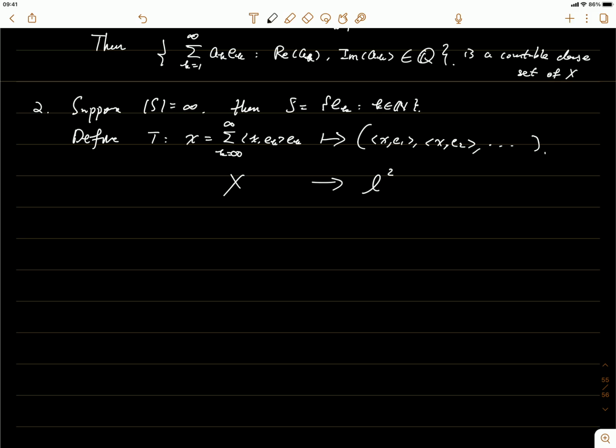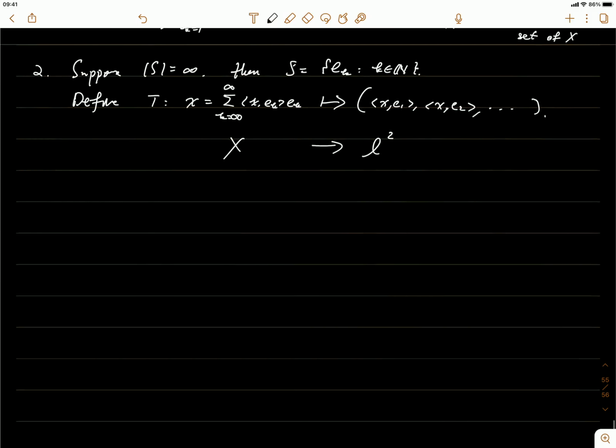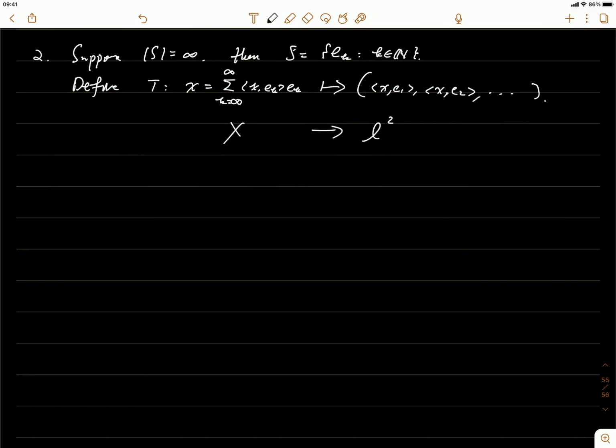And then it will be easy to show that T is linear and bijective, so that means T is a homomorphism. More importantly, I want to show that T is an isomorphism, which means it keeps the inner product. So how do we do that? Let's compare after the mapping.